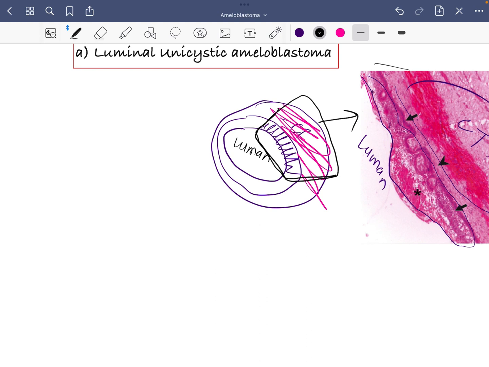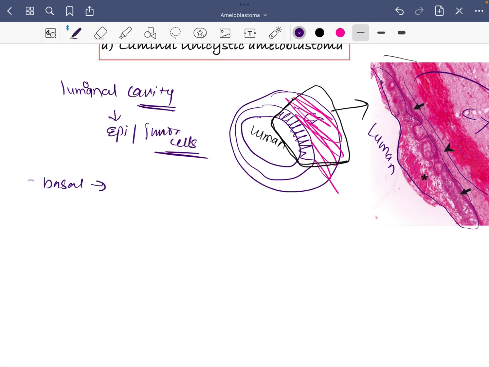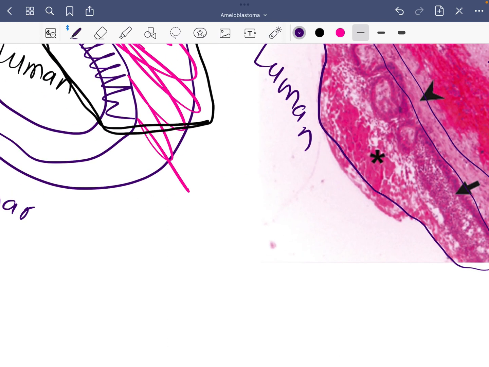In this, what you find is a luminal cavity confined by epithelial or tumor cells. The basal layer is always going to be either cuboidal or columnar. They're talking about these cells.